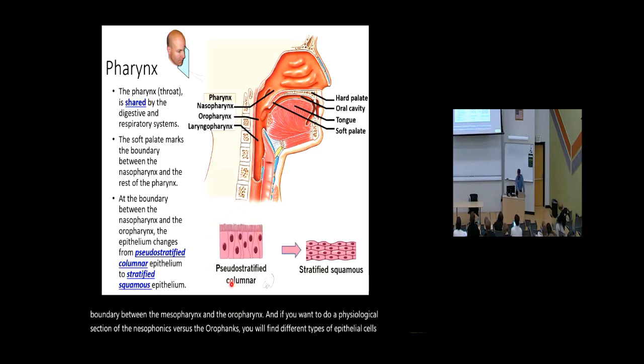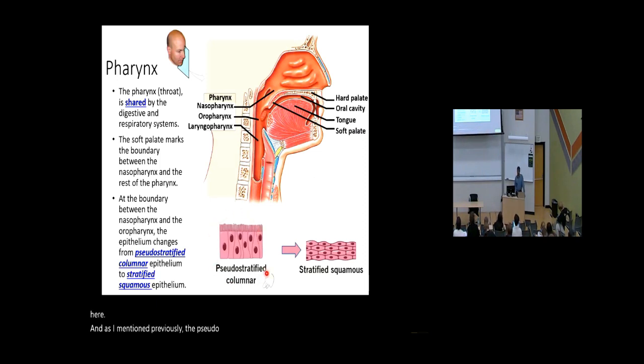As I mentioned previously, the pseudostratified ciliated columnar epithelium will be found in the nasopharynx because you want it to trap the incoming particulate matter, whereas the oropharynx and the laryngopharynx, because they are shared by the digestive system, you want to protect those regions from the food and the abrasions which can happen because of the ingested food and drink. So is this clear why you have different types of epithelial cells in the nasopharynx versus the oropharynx and the laryngopharynx? Does it make sense, folks?